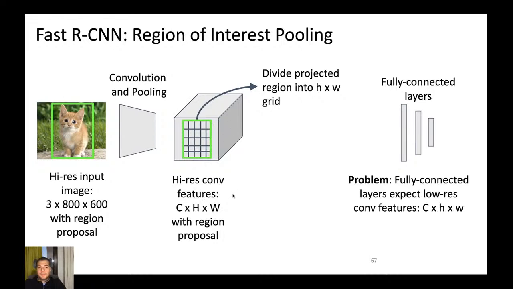Assuming that, let's say, these are twice as large, then we can divide this region into 2 by 2 and just take the max over each resulting region.